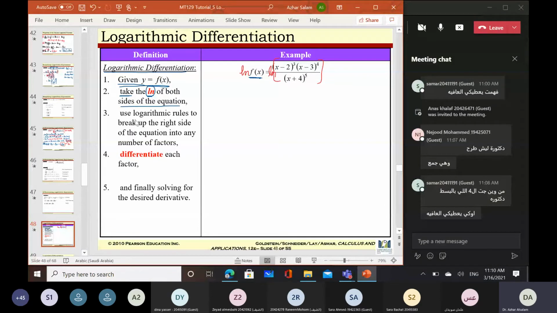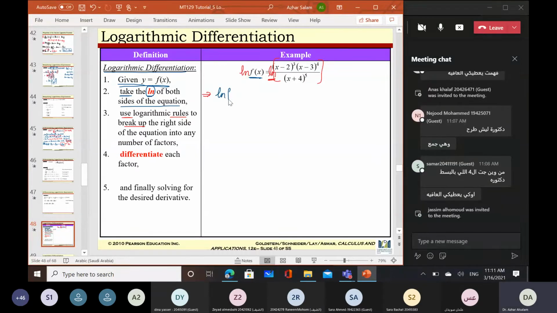The next step is to use logarithmic rules to break out the right side of the equation. So here I can simplify this quantity. Like the same example we just solved, I can use the properties of the logarithmic function to simplify this quantity. So I can write ln f of x equals ln of a quotient.